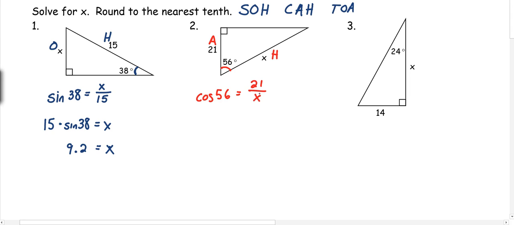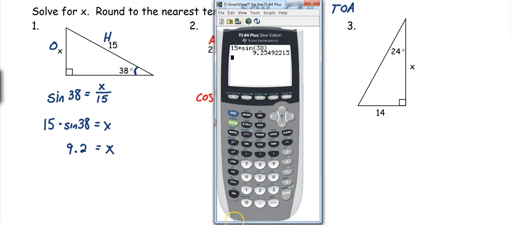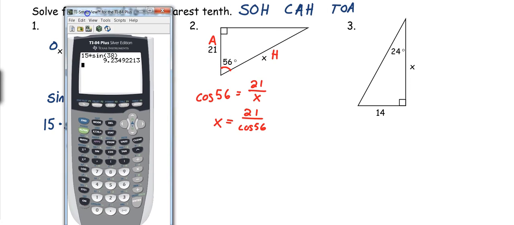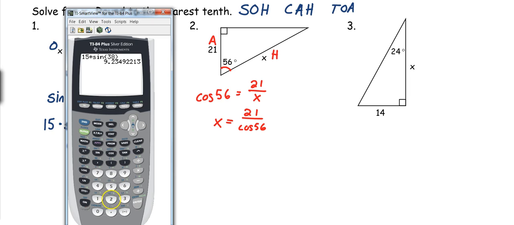Now, when your variable is in the denominator of the fraction, the variable and the trig function switch spots, so x equals 21 over the cosine of 56. So in my calculator, I would type 21 divide by the cosine button, which is above the open parenthesis, 56. And when we round, we would get that x is 37.6.